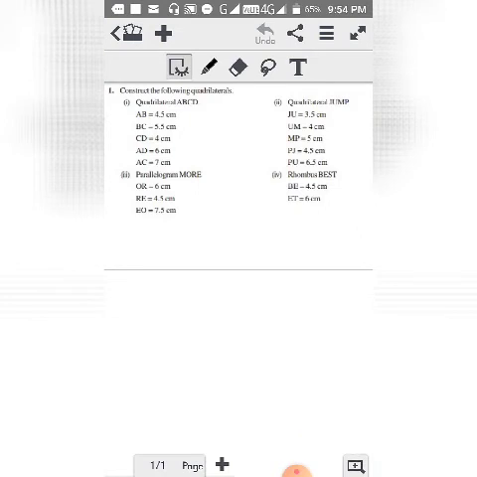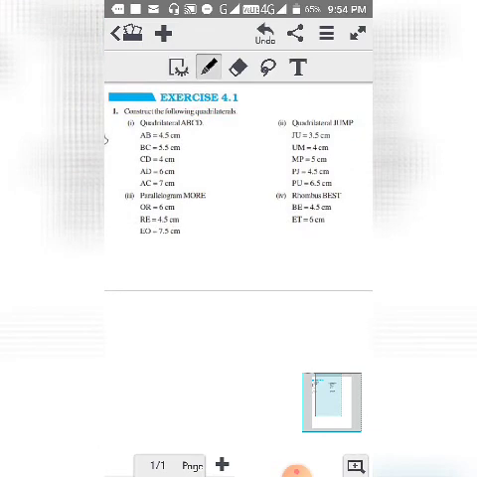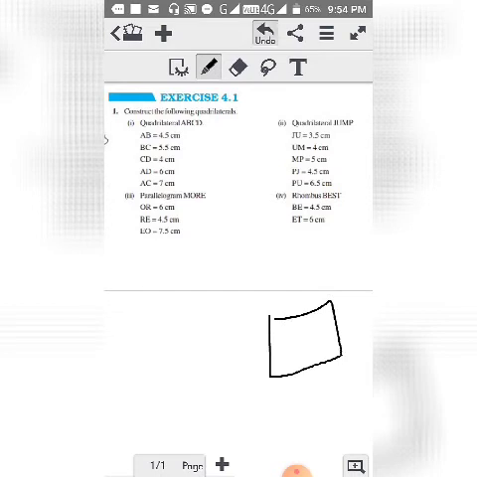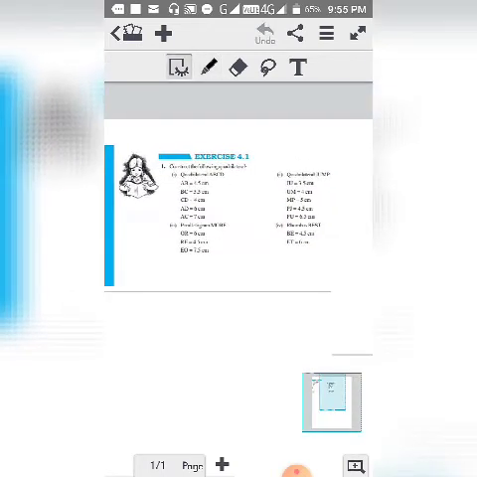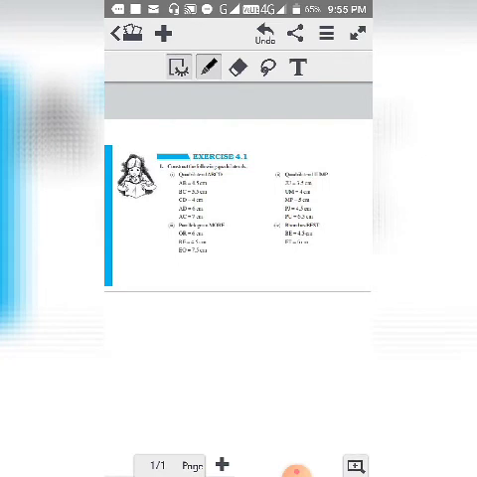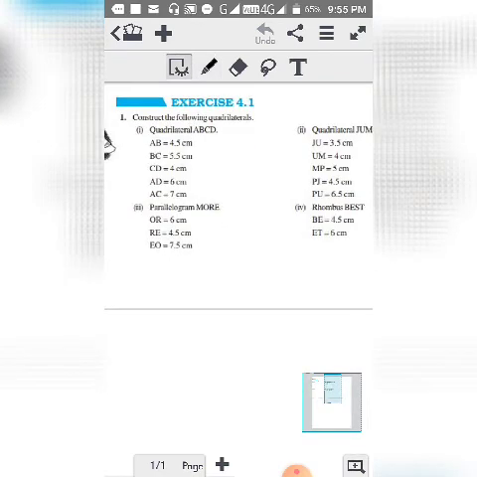In that column you will make a rough figure. I will draw any shape quadrilateral and I will call it ABCD, because in the question it is given to draw the quadrilateral ABCD.